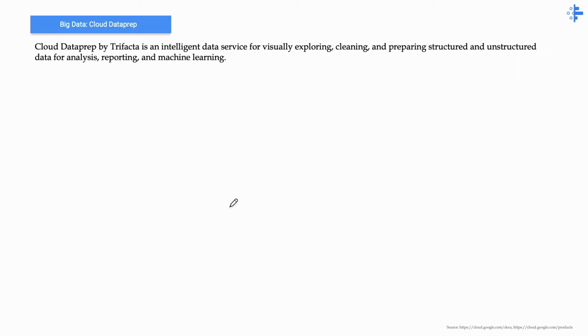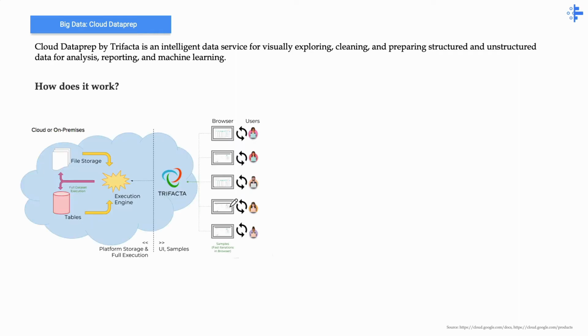Similarly, collapse the data, or combine the data, or expand the data, or split the data. All of this you can do only if you understand that data. So Cloud Dataprep is a really good tool in that case.